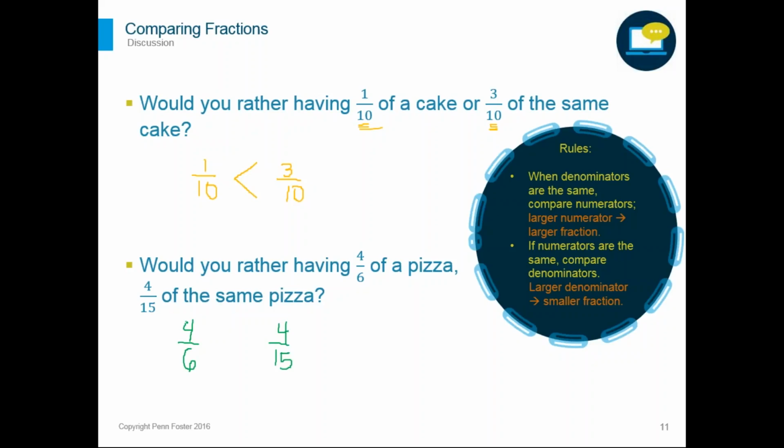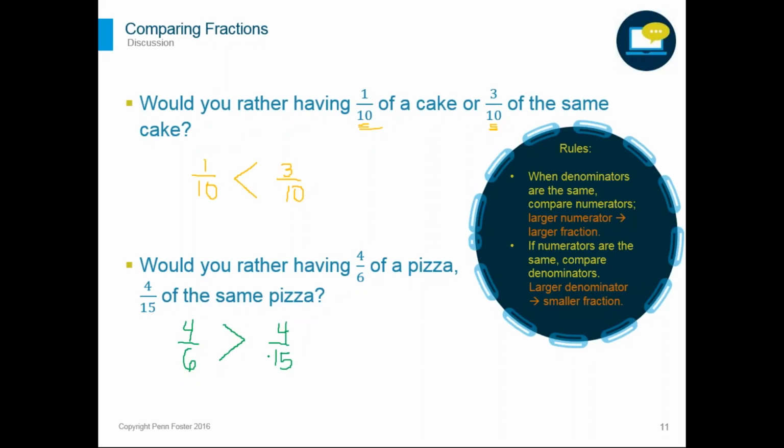If you have two fractions with different denominators but the same numerator, then the fraction with the lesser denominator will have the larger value. So this fraction is larger than this fraction.